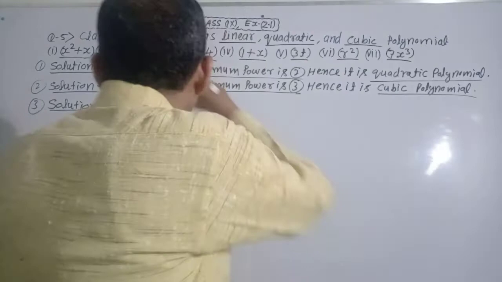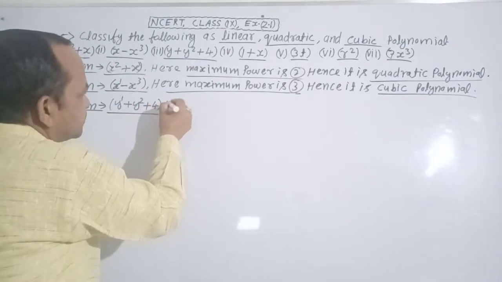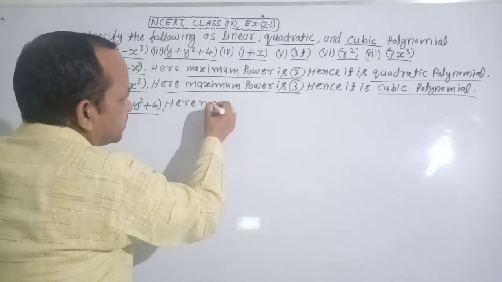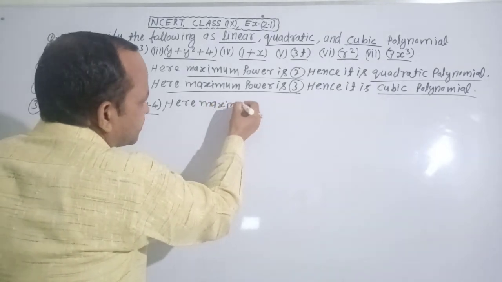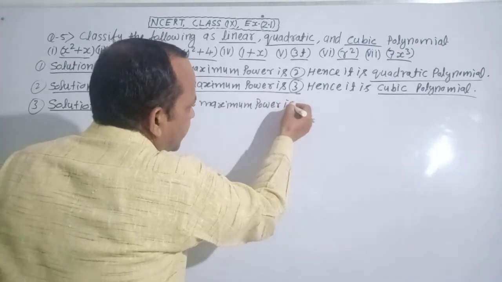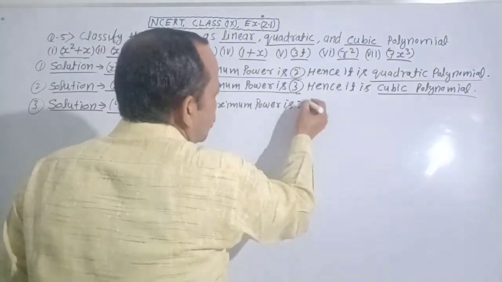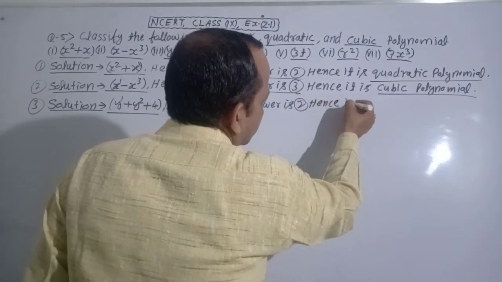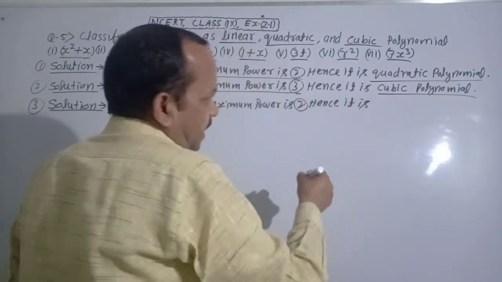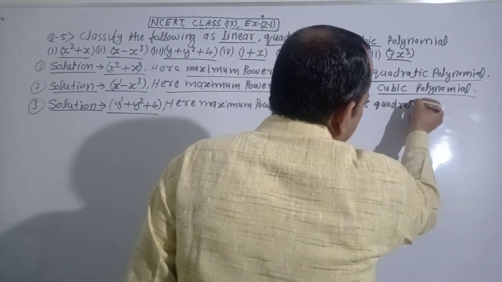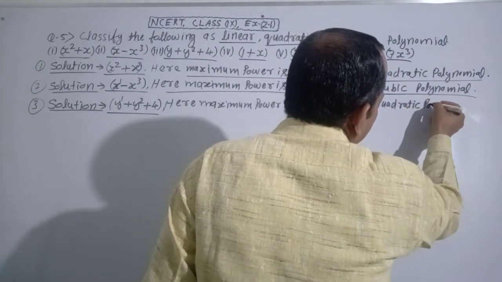Very good. Here the maximum power is 2. Hence it is a quadratic polynomial.